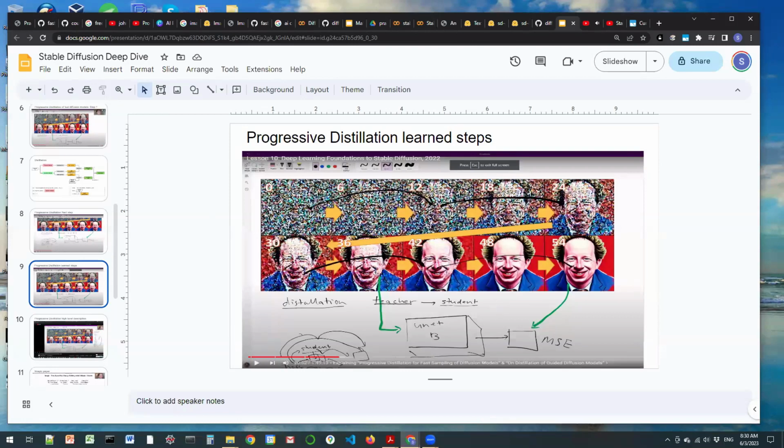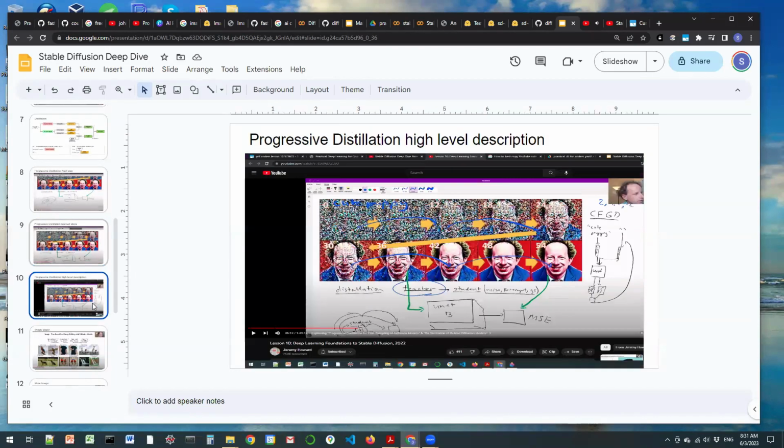And this progressive distillation paper talks about how they go about training such a student model, how they use the distillation process in order to speed up the steps that are needed to get to the model that we seek, starting with pure noise. So that's what that is about.